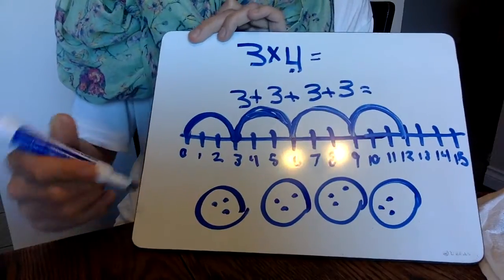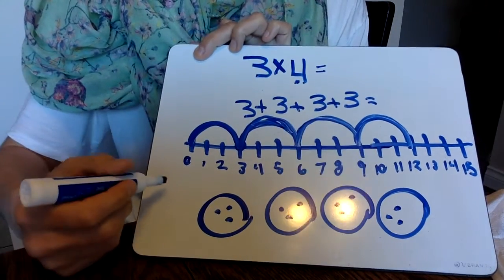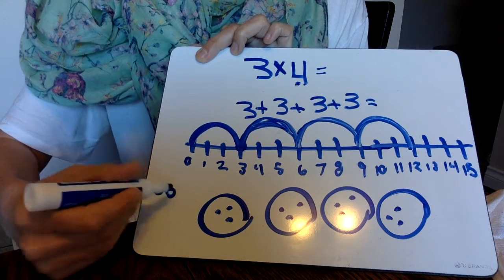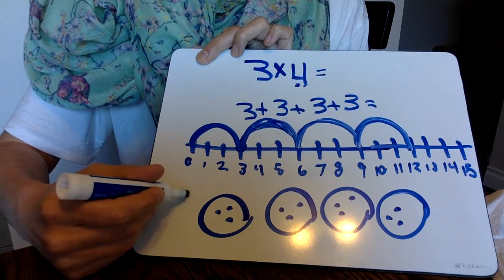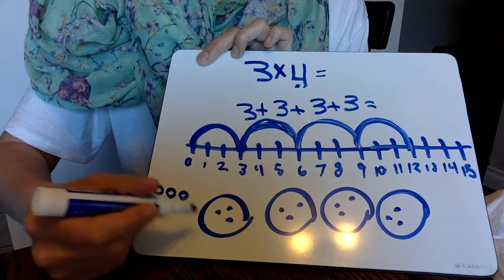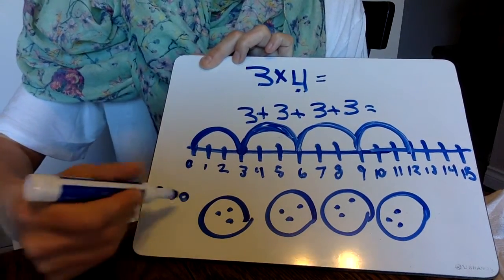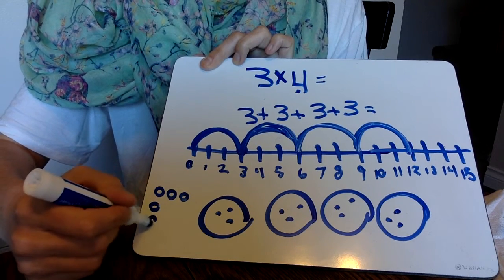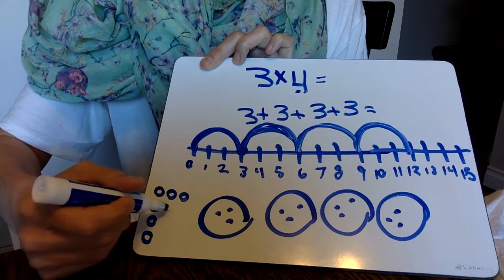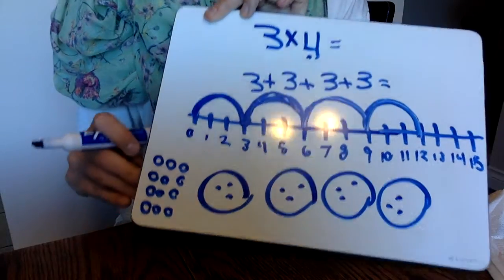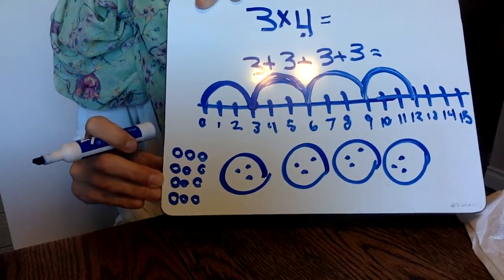I'm going to just put it here very small. I can also do it as an array. I can write it as 3 in each row of 4 rows. And I can show it as an array as well.